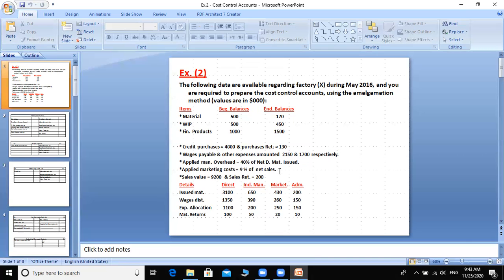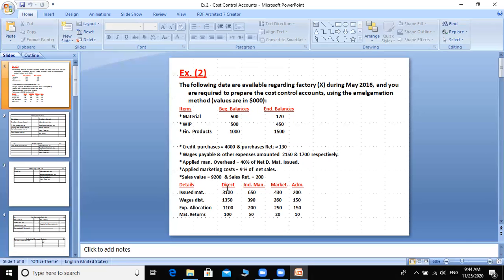Then I have sales return and sales allowance. So net sales means gross sales minus any allowance or return, out of which 9% will be applied marketing. Then sales value 9,200 and sales return 200. So 9,200 minus 200 gives net sales 9,000. 9,000 times 9% gives me applied marketing 810.